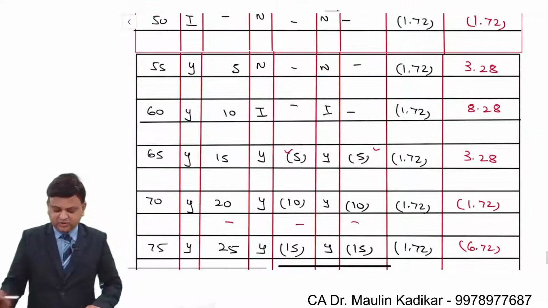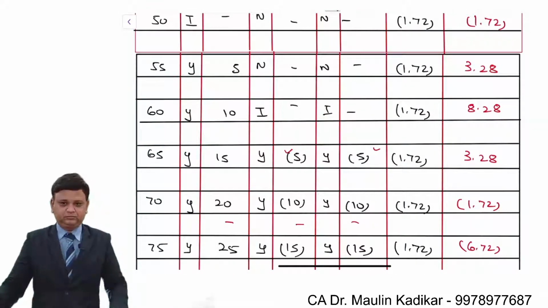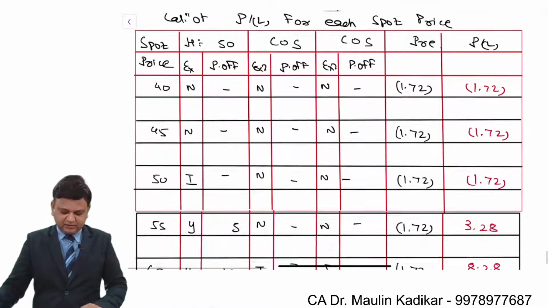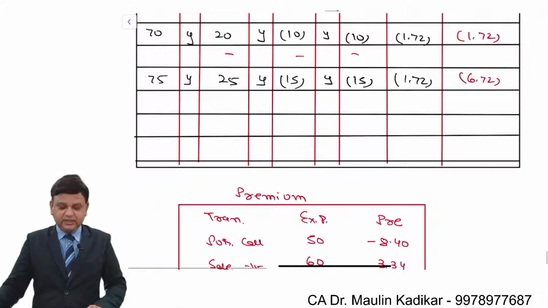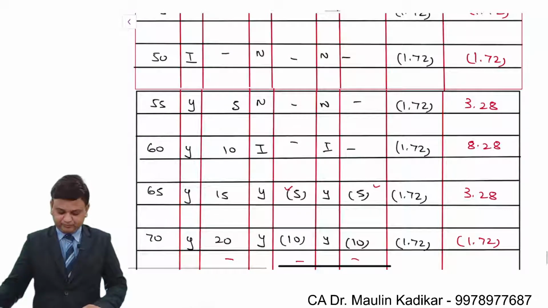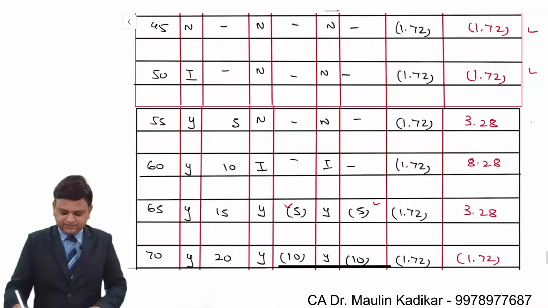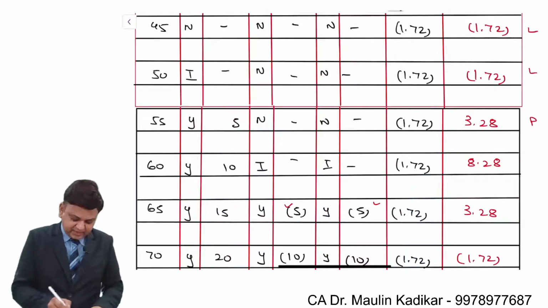That is the amount of the loss that we have. So this is the way we have a profit or loss for each individual spot price. We can see that there is a loss, a loss, a loss, and then a profit. So the break-even point is lying between this 50 and 55.